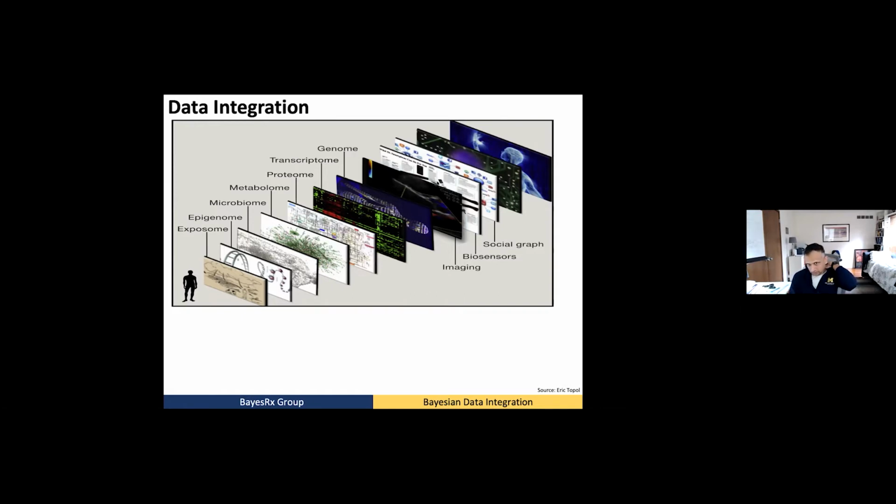So this is an oft-repeated figure: data integration across multiple modalities that encompasses not only genomics but also other types of data. There's a growing interest in this area, especially over the last few years, with the key goal being how to extract biological or clinically implementable knowledge from these data sets.